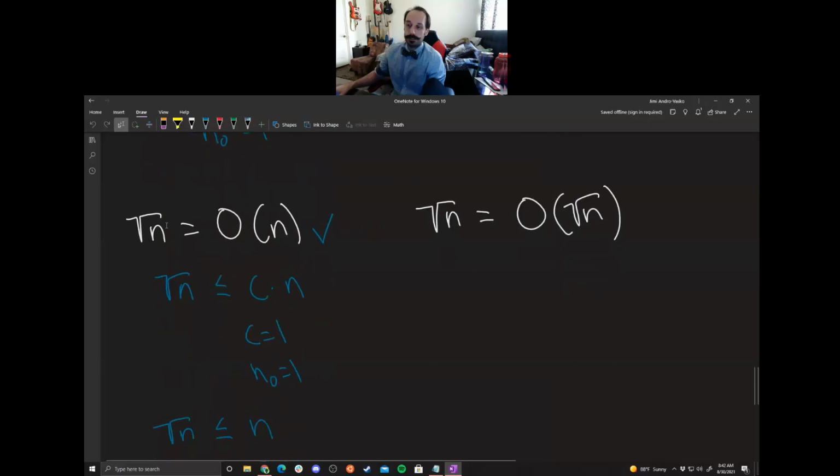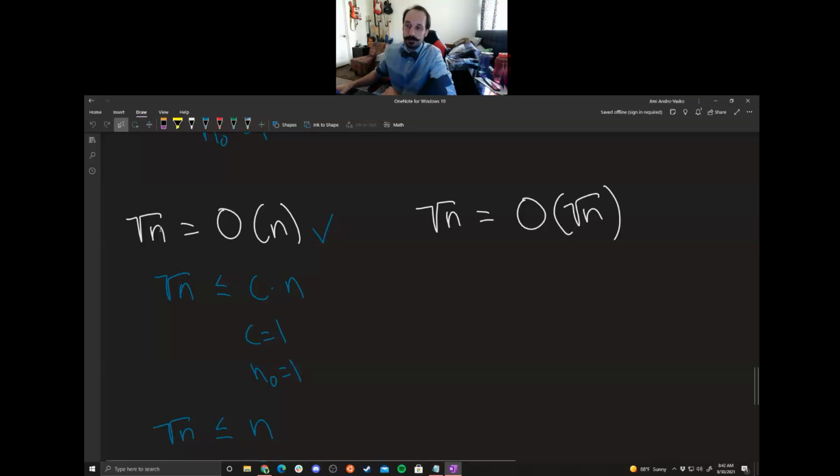Now, this statement right here is correct, but it's a very weak statement to make, because we really want to always try to lower this. The function inside of big O, we want to make it as low as possible while it still encapsulates the function that we're trying to test that's in the set O of n.